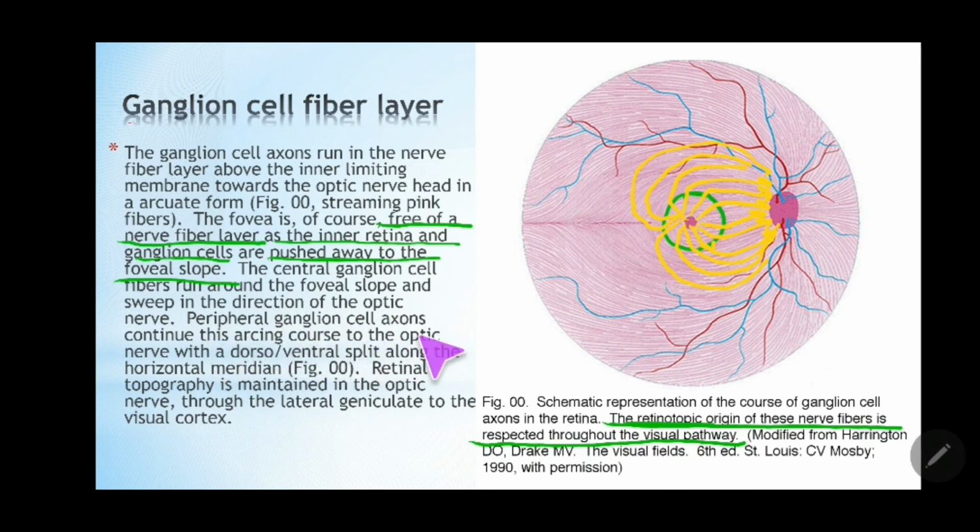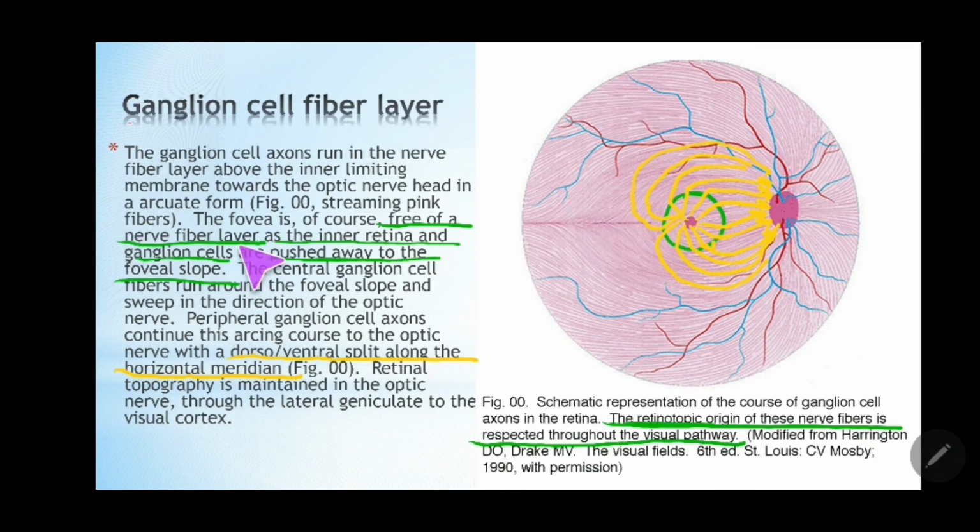Peripheral ganglion cells, right? Now look at the peripheral ganglion cells. We're talking about this, right? So the peripheral ganglion cell axons continue this arching course to the optic nerve with a dorsoventral split along the horizontal meridian. Got it? So this is the horizontal meridian, the peripheral fibers.